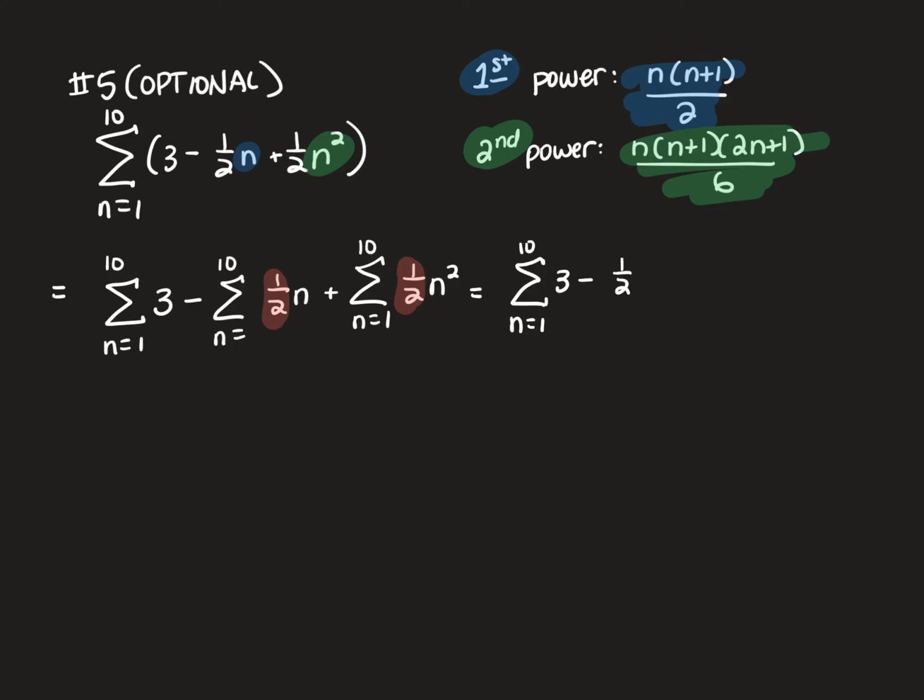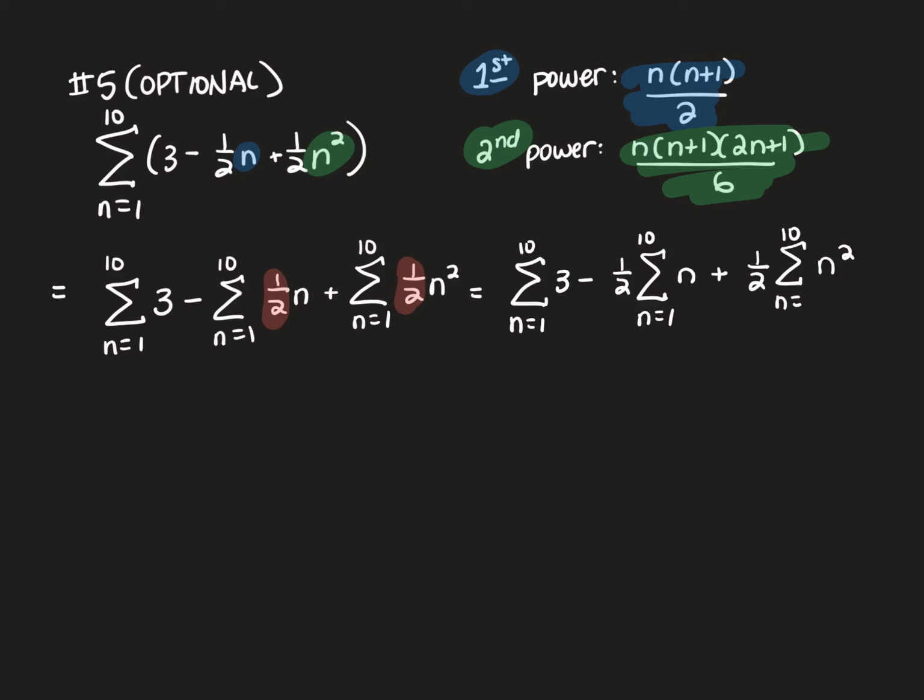So it would look like this: 1/2 times the sum from n equals 1 to 10 of n, plus 1/2 the sum from n equals 1 to 10 of n squared.